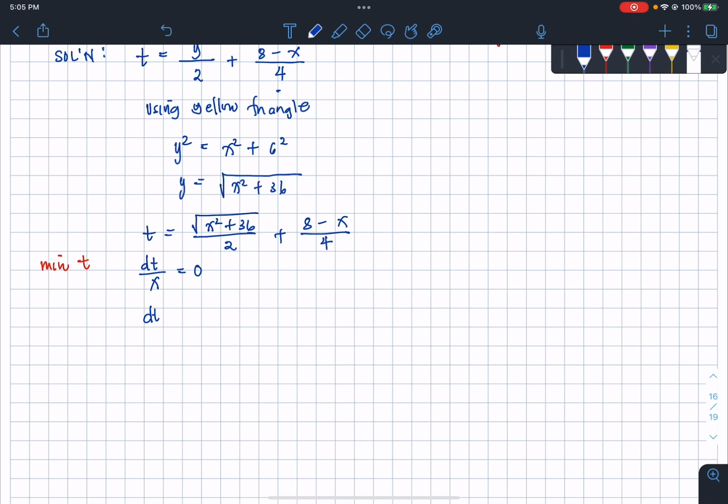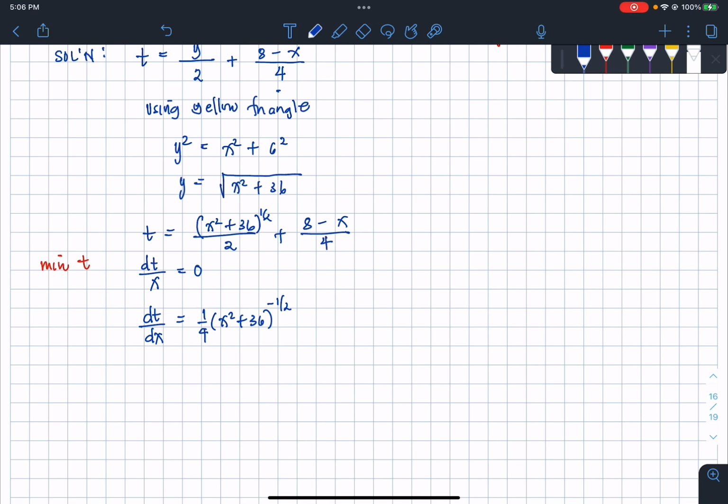So dt over dx then will be equal to x squared plus 36, so we can make this one as raised to 1/2. So 1/2 times 1/2, we'll have 1/4, then x squared plus 36 raised to 1/2 minus 1, will have negative 1/2.